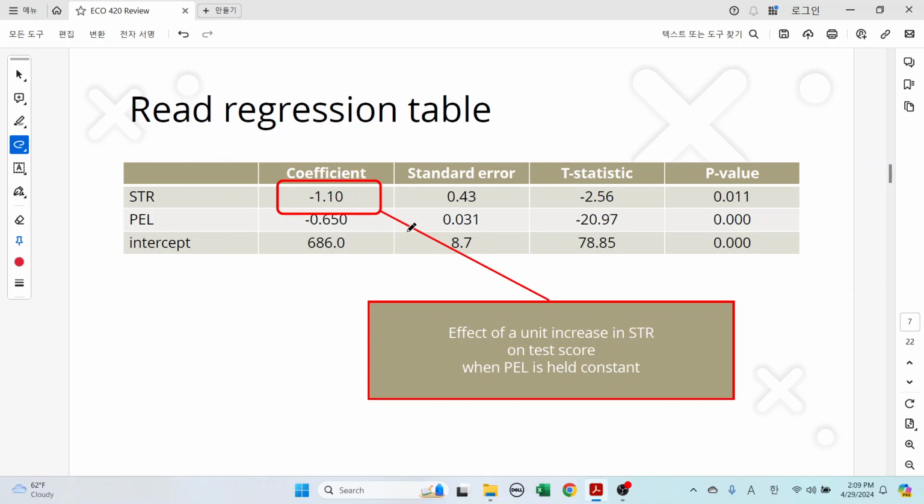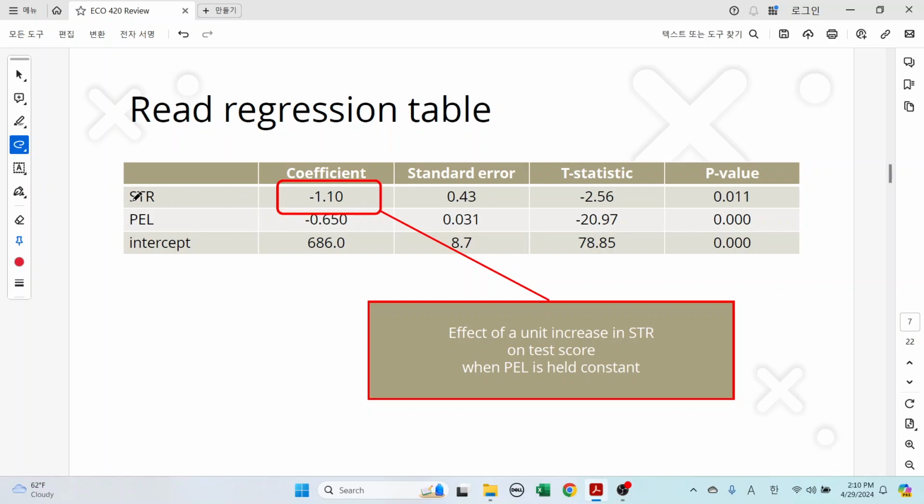So this is a regression result table, and say our example in class has the student to teacher ratio, percentage of English learners, and intercept. Coefficient estimates are given in the first column, standard errors in the second column, t statistics in the third column, and p-value there. And then of course you should interpret this, right?